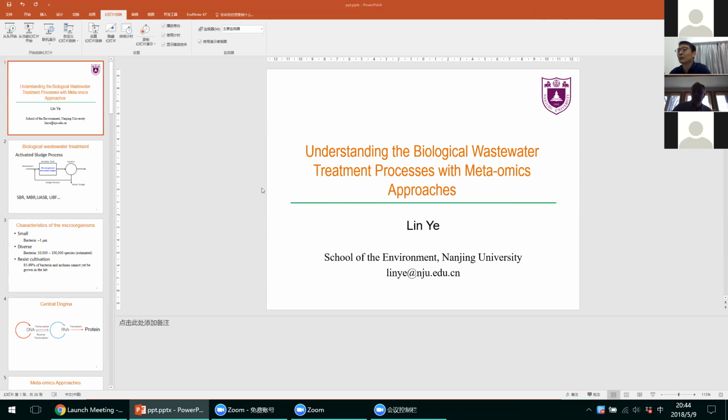But currently, most people use high-throughput sequencing, and almost no people use the other methods. For example, DGGE, T-RFLP, and also some people use FISH. It's an in situ method. But the experimental procedure is very complicated, and also the resolution is not very high, and that's why I think high-throughput sequencing is widely used.